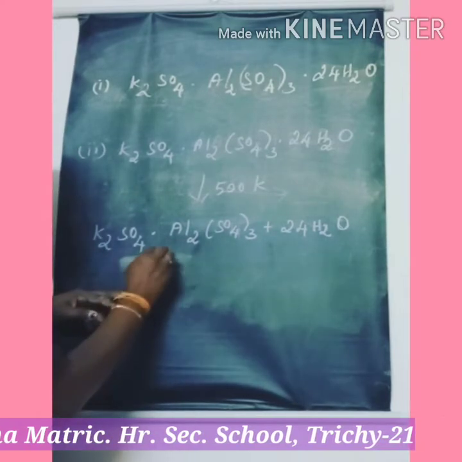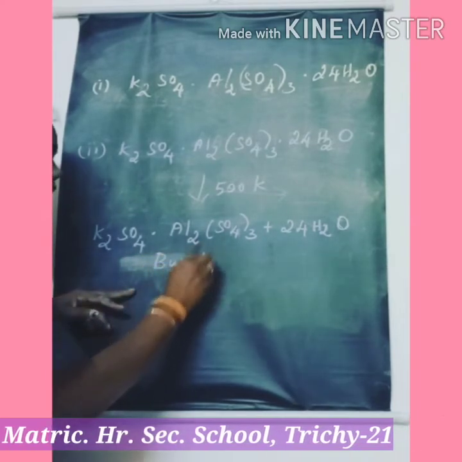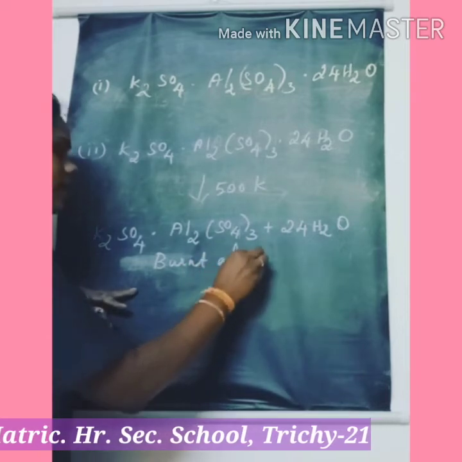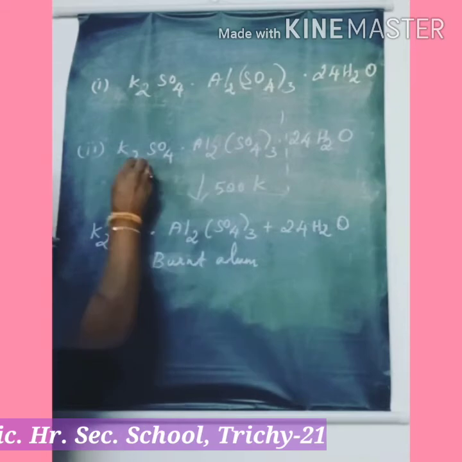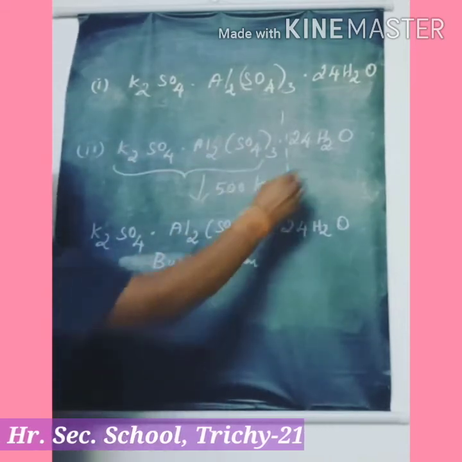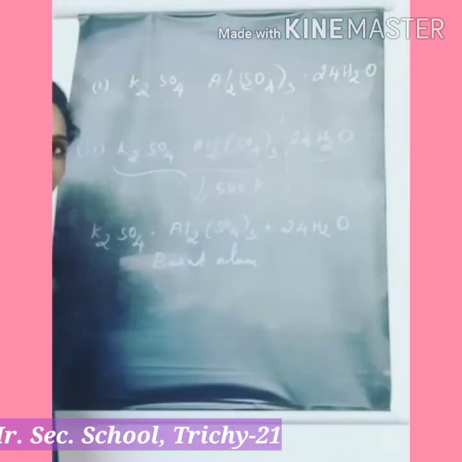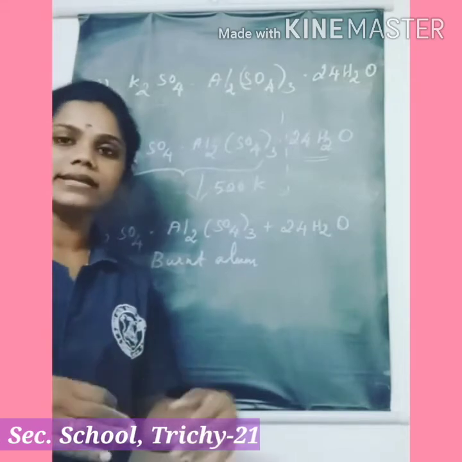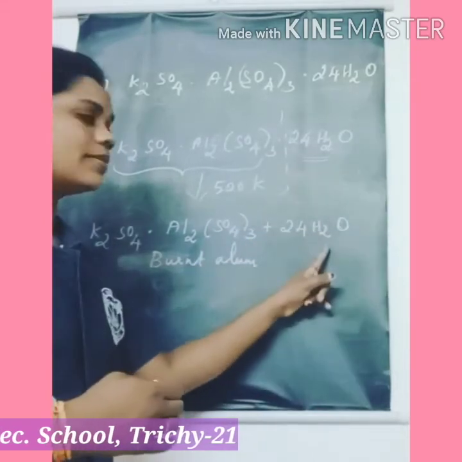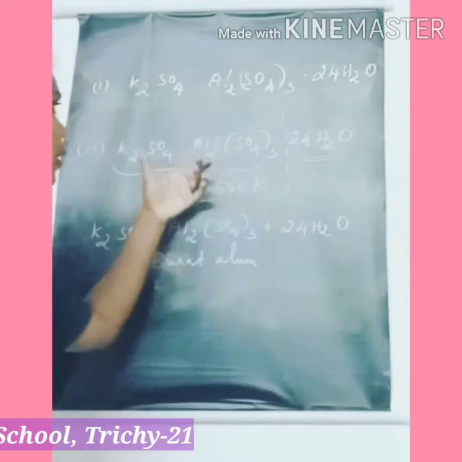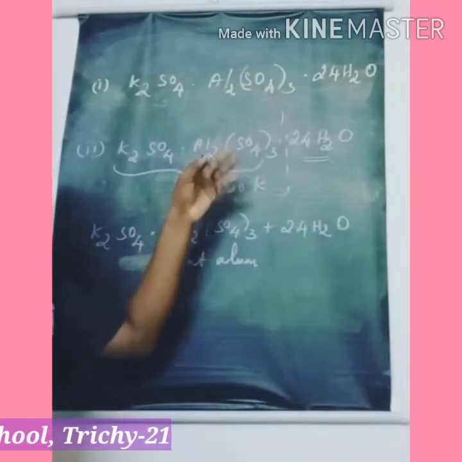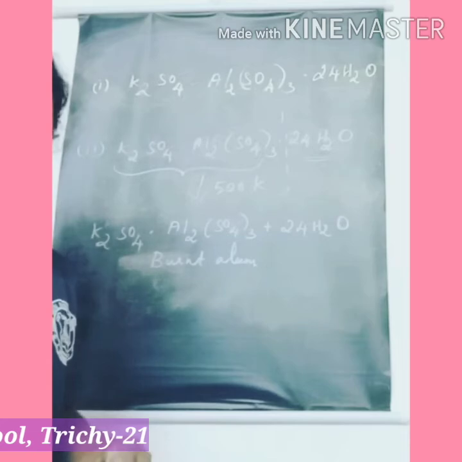So that is burnt alum, plus 24 times of H2O. So here the first compound is potash alum, the second one is burnt alum. It loses water molecules, and after that only it swells. So here water molecules are lost, so 24 H2O is removed. So what is remaining? K2SO4, Al2(SO4)3.